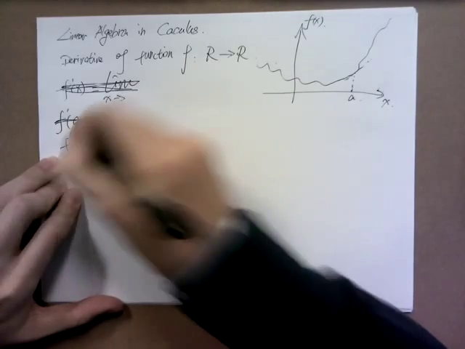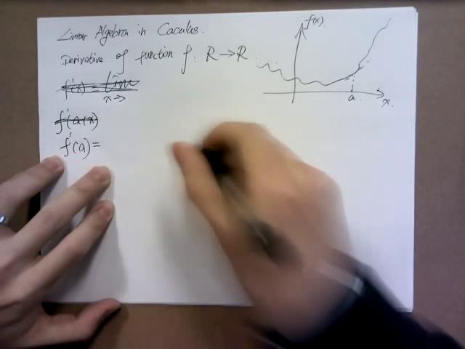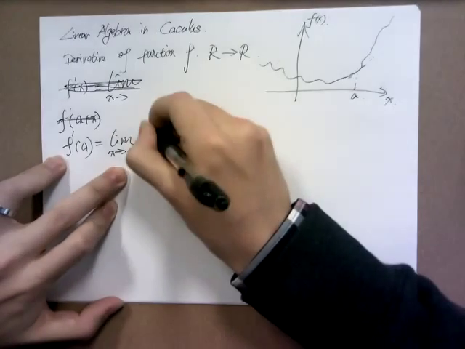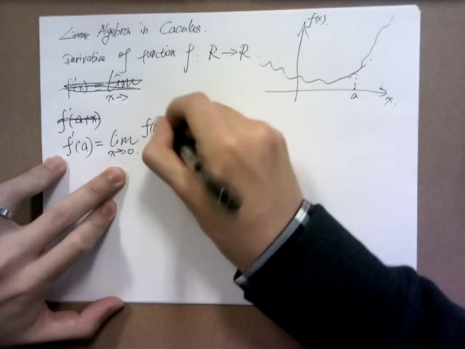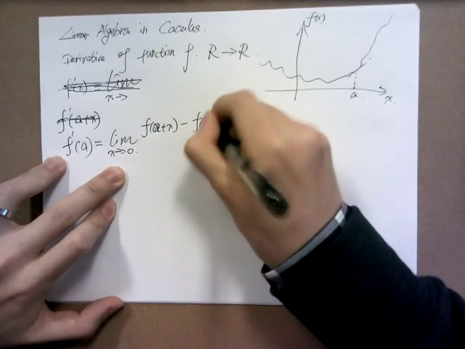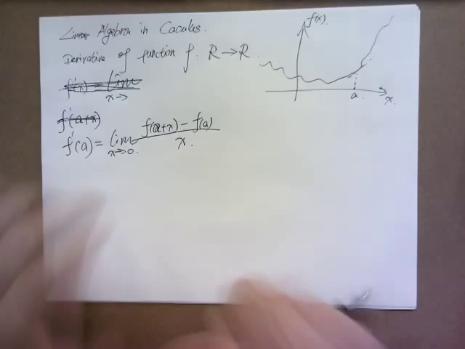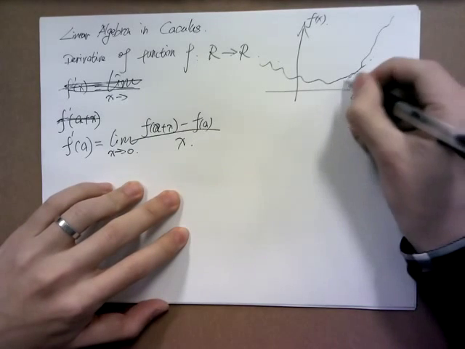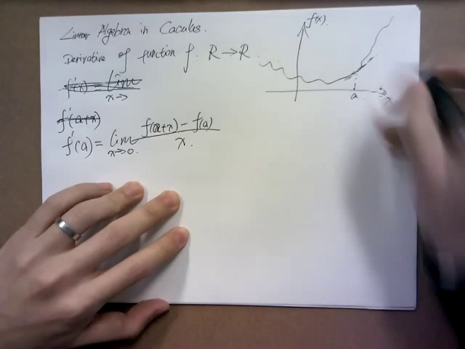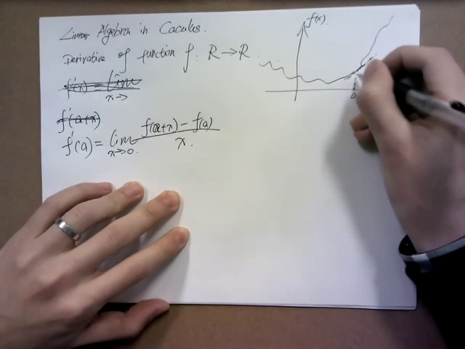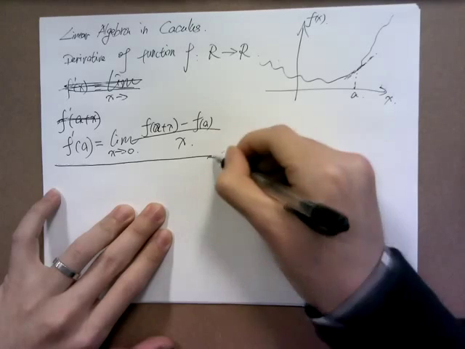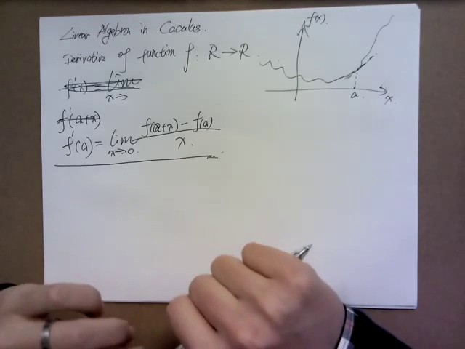The derivative near A is the limit of x approaching 0 of f(a + x) minus f(a), divided by x. So what does this mean? This means that if I have a linear approximation of the function f at the point A, then I can have the slope of this function.